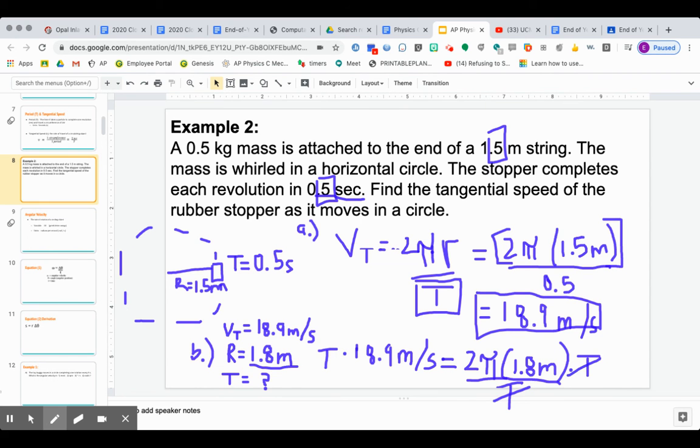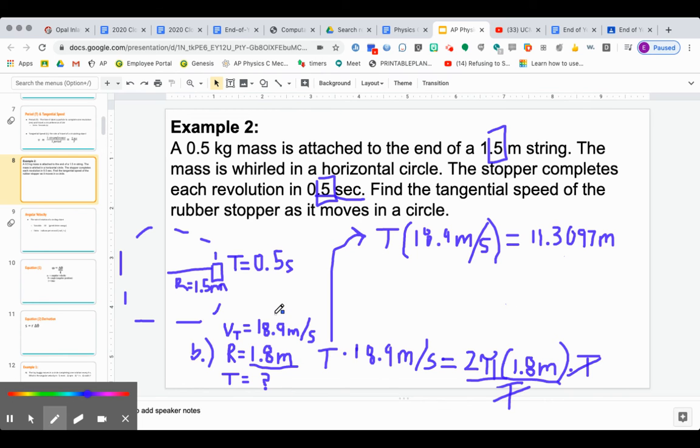Okay, and then we're going to simplify. So we simplify, the left side of the equation stays the same, and the right side simplifies to 2 times pi times 1.8, which gives 11.3097 meters. We divide both sides by 18.9 meters per second to get the period by itself.